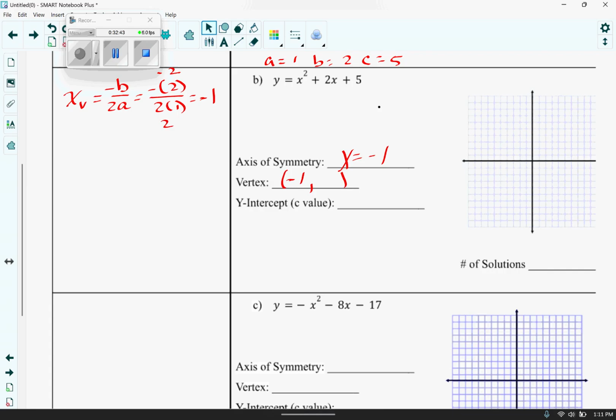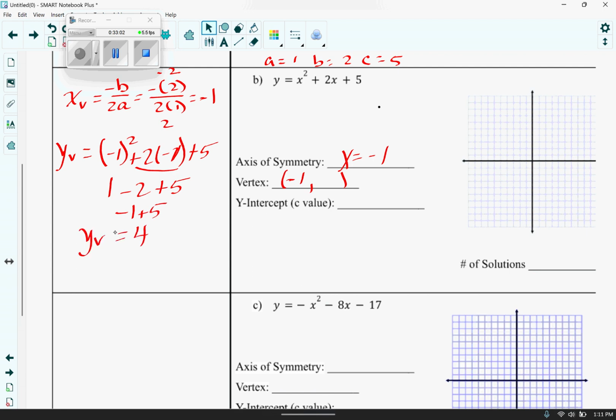Now let's plug it right back in. Y value of the vertex is negative 1 squared plus 2 times negative 1 plus 5. Negative negative here makes it positive. Minus 2 plus 5. Negative 1 plus 5 is 4.